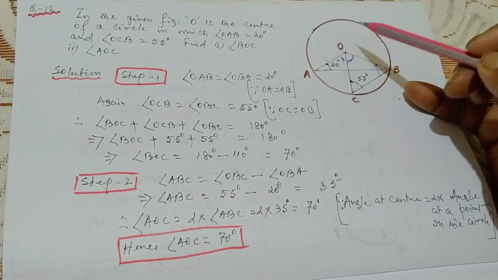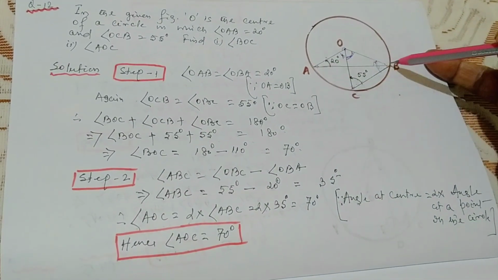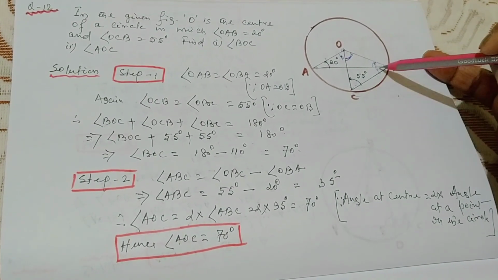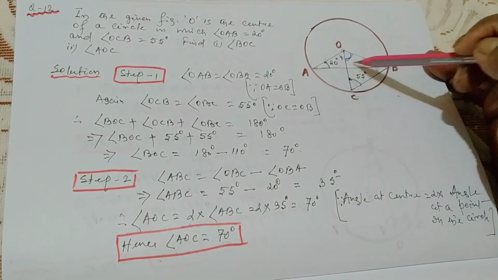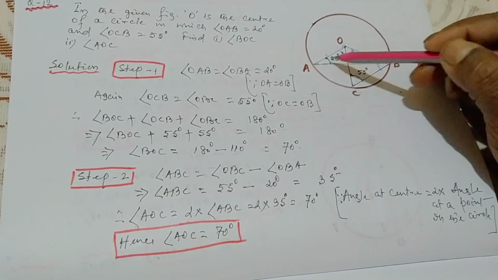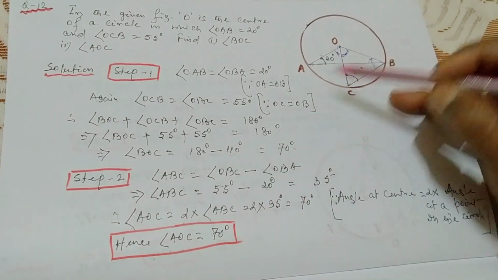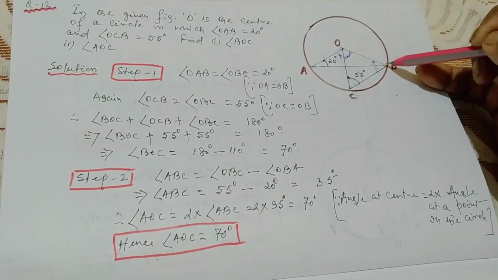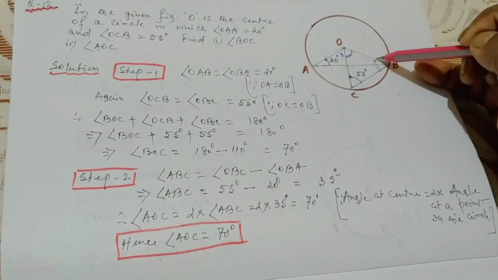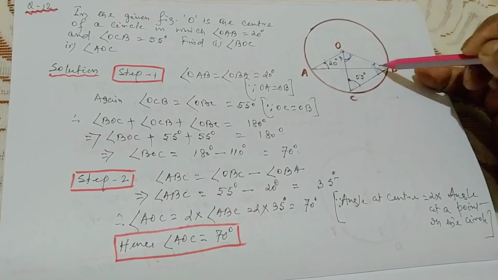Step 2, angle ABC, this angle ABC is equal to angle OBC, this total angle, minus angle OBA.